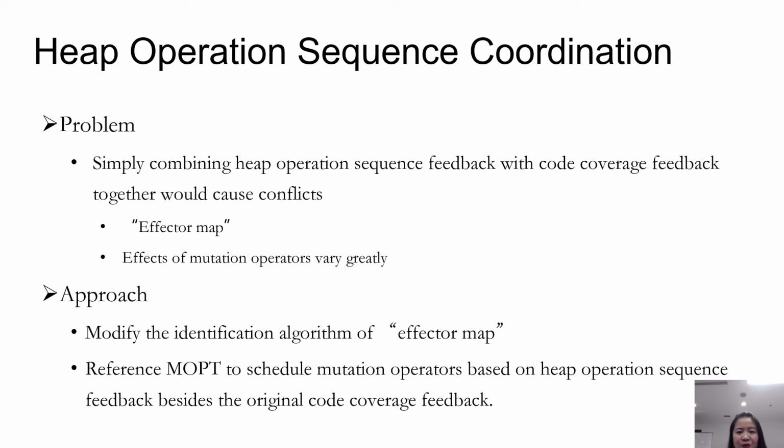We chose to upgrade the identification algorithm of the effector map. As the efficiency of mutation operators varies greatly, we reference MOPT to schedule mutation strategies based on heap operation sequence feedback besides the original code coverage feedback.